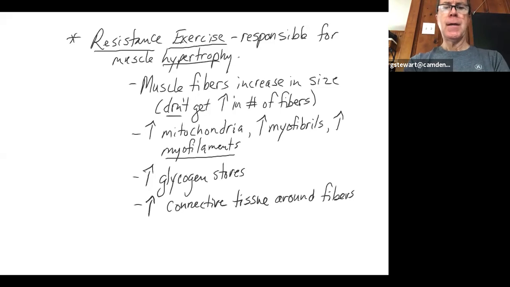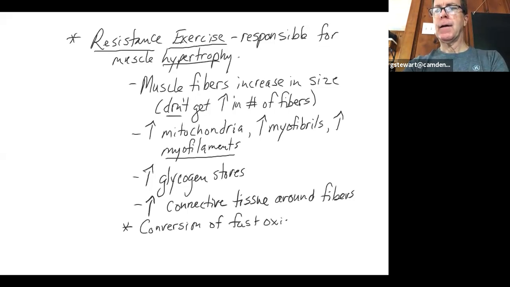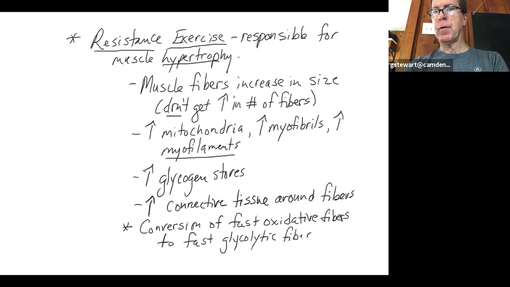And we get the conversion of fast oxidative fibers to fast glycolytic fibers. So those intermediate fibers can be converted to the fast glycolytic, the power fibers.